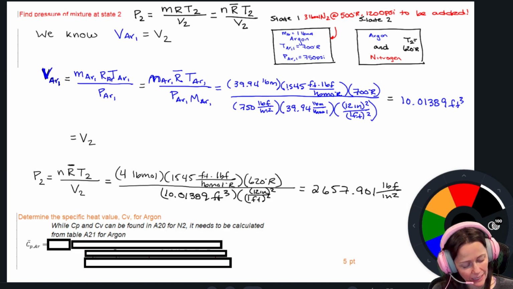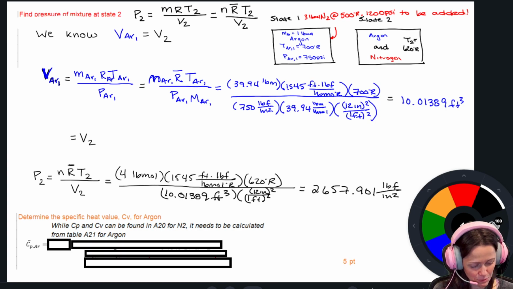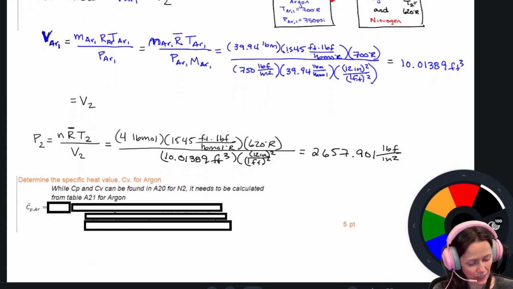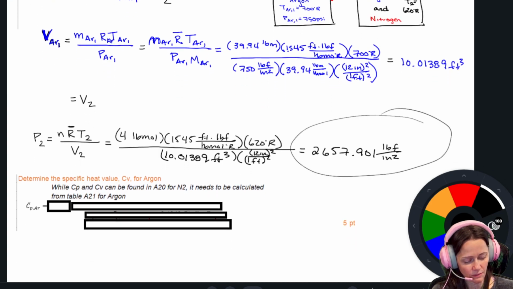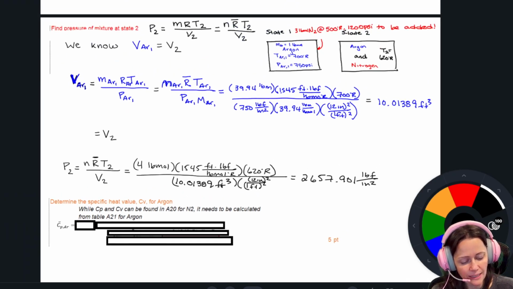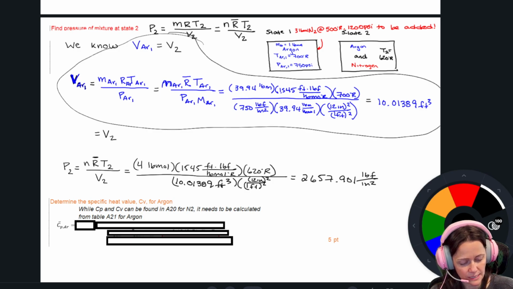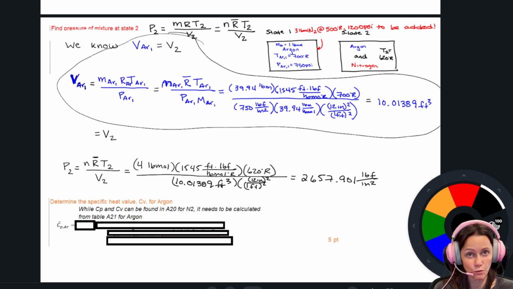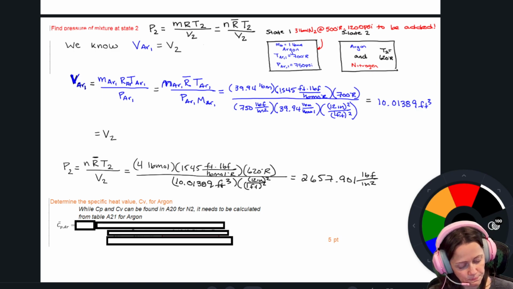Yeah, I do again have some unit conversions. Maybe I should have just left it as feet cubed or inches squared before, but what are you going to do? But I've got 2657.901 pound force per inch squared. So again, the key part that might have messed people up is that the initial volume of that argon is really equal to the final volume as well.